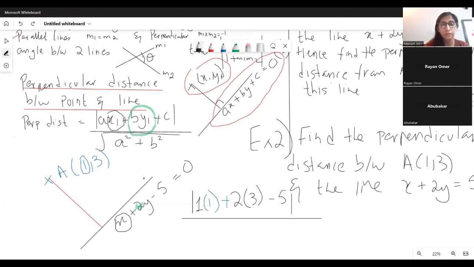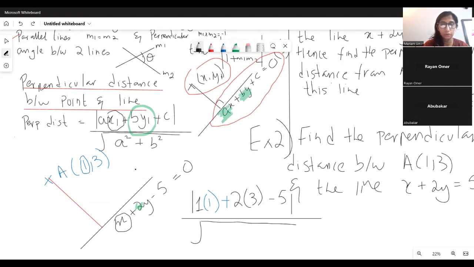And the denominator is the square root of a square plus b square. Again, what was a and what is b? Miss, a would be 1 and b would be 2. Correct. a is the coefficient of x and b is the coefficient of y.